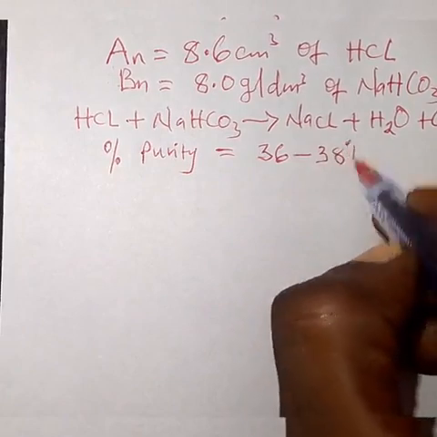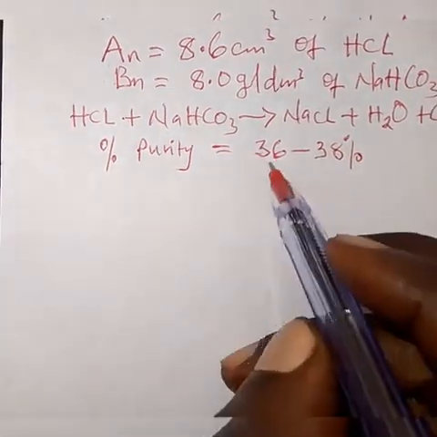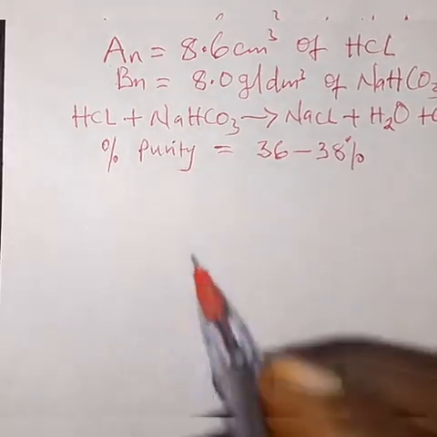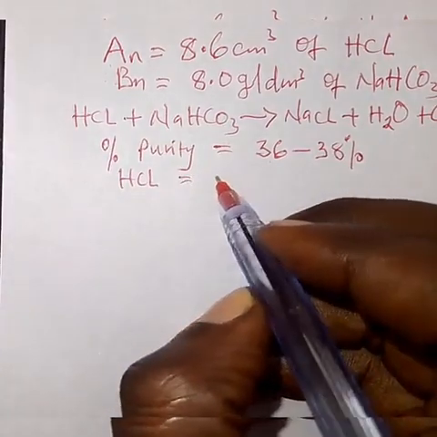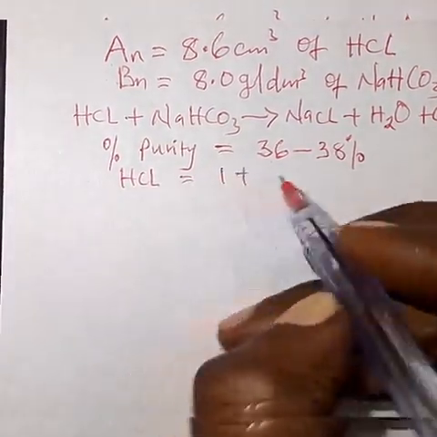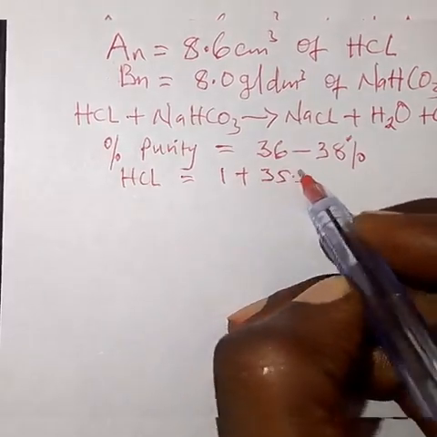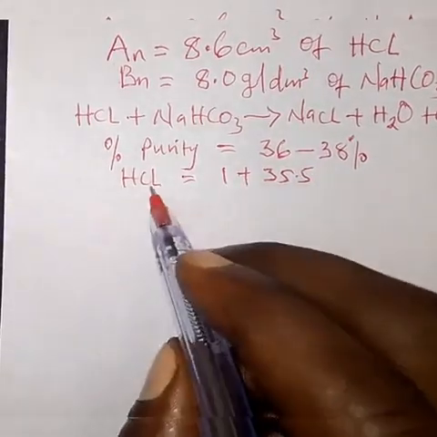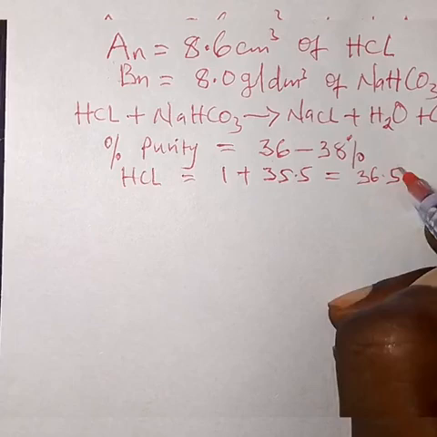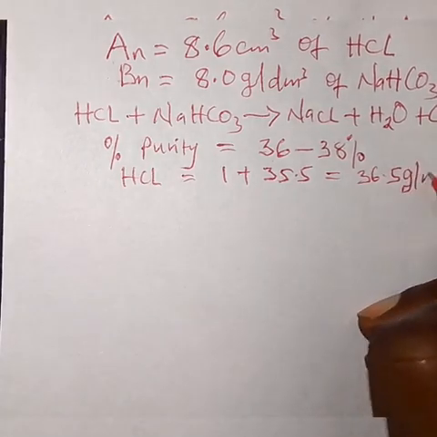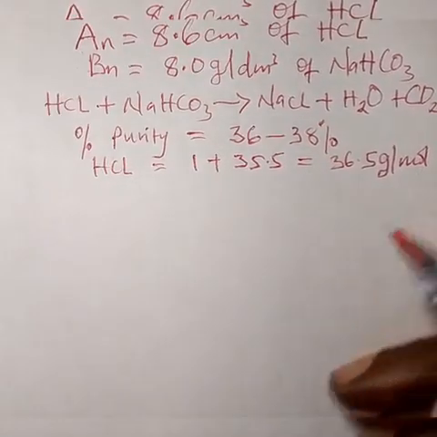So in this range, if you use 36, 37, there's no problem. But me, I choose to use 36%. I also have the molar mass of the acid, which is 1 plus 35.5, the 1 from hydrogen and the 35.5 from chlorine. If you add this, you have 36.5 grams per mole. So this is the molar mass of the acid involved.